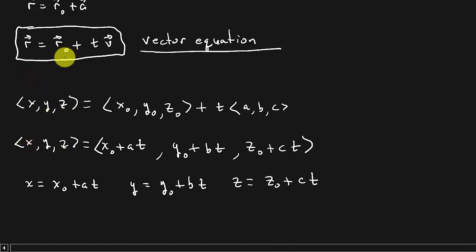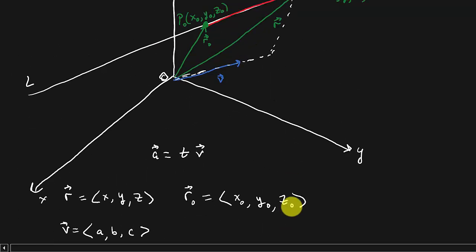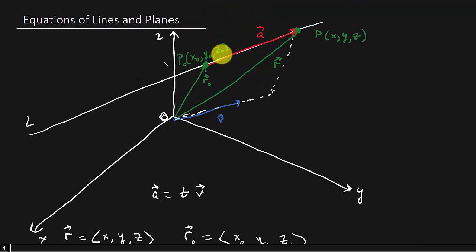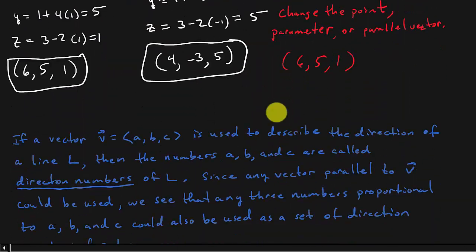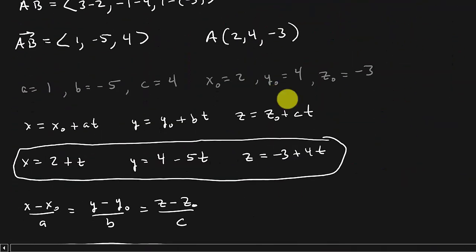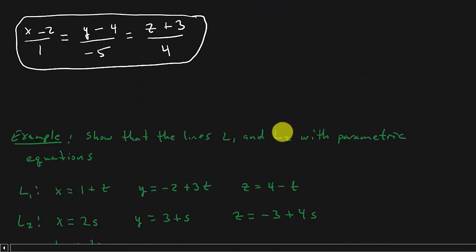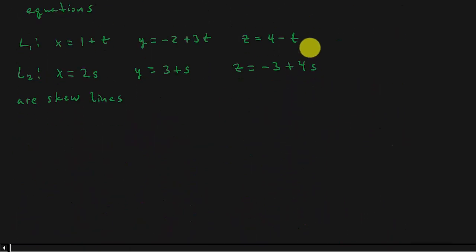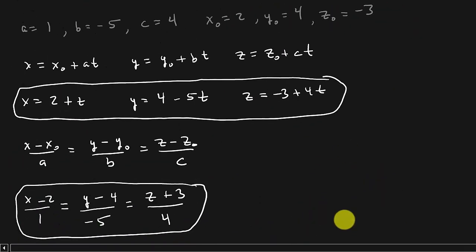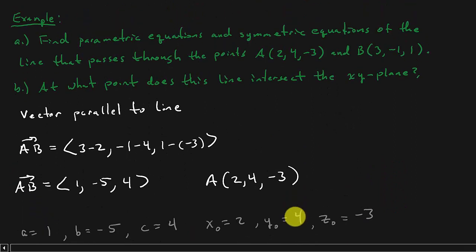You got to know that your point is x0, y0, z0. And if you're doing the vector equation, you got to know r0 is just that vector. And then you got to know vector v is a, b, c. That's what you've got to know. You get your test, write it down. Okay? All right. So there's part A.